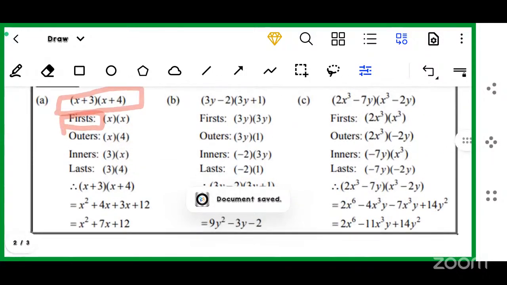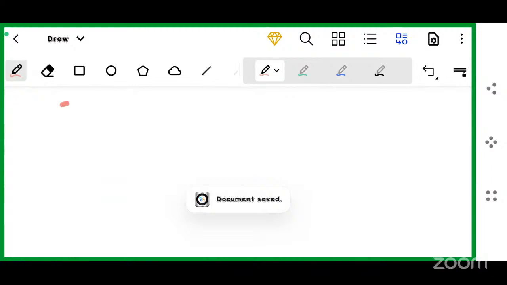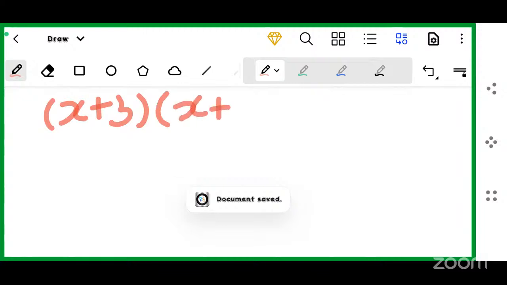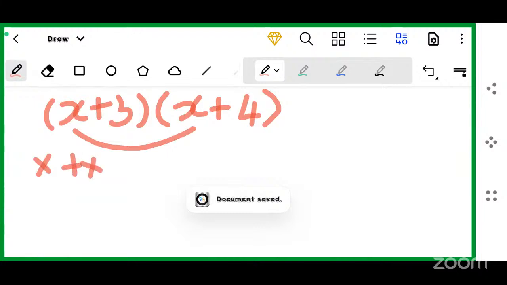It's x plus 3, x plus 3, close brackets, x plus 4. So they say something about multiplying the first. So you multiply x by x. What is x times x?